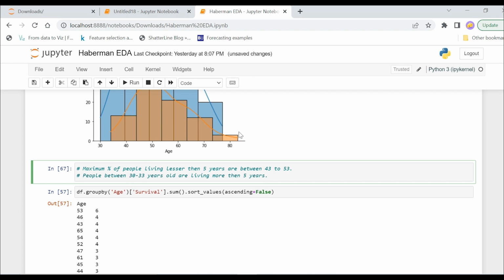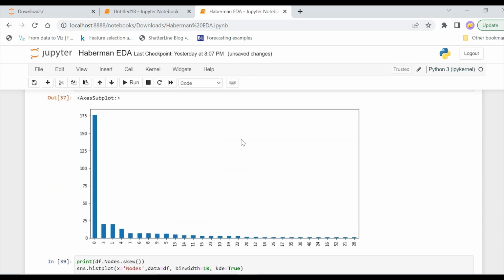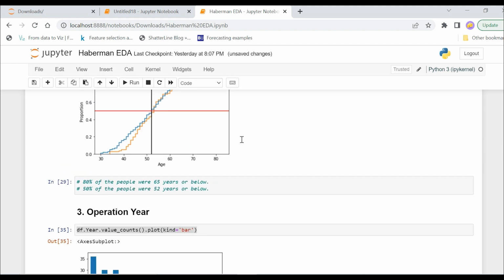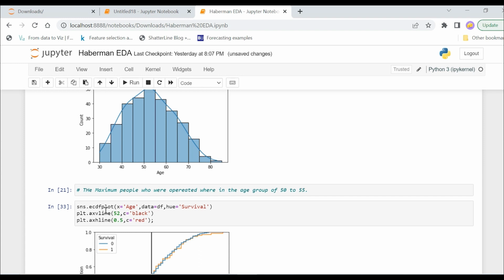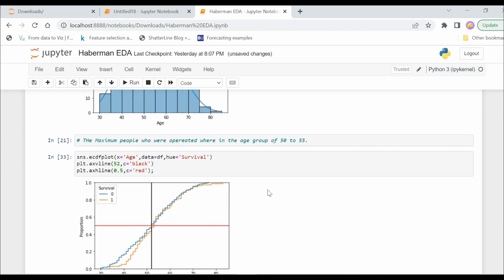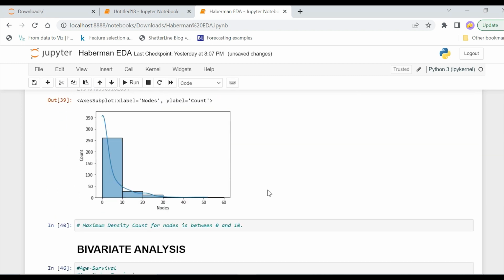Now here, what we have concluded from the age as per the univariate analysis, as we have seen here, is that the maximum people who were operated were in this range of age, right? This is what we have done.